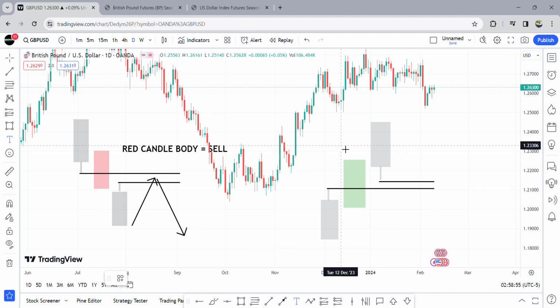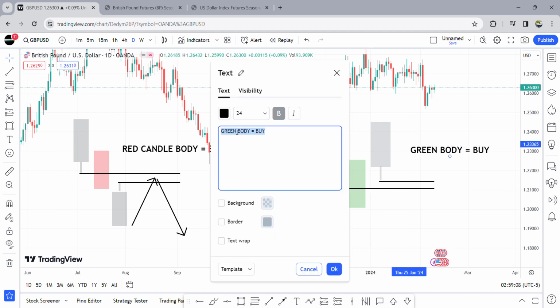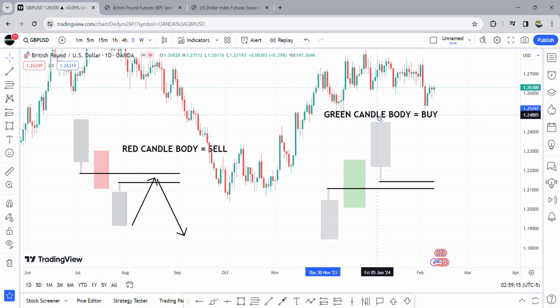Green body equals buy, for now. Green candle body equals buy, right?